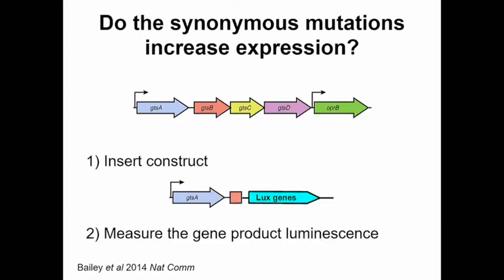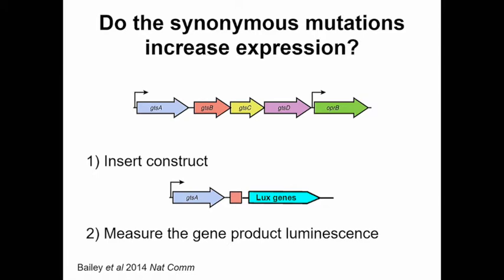Okay, so we wanted to see, well, what's going on? Why do we see these key fitness effects? And our first thought was to think about expression differences. So we tested for differences in expression by inserting a construct. So we have basically just reporter genes that are producing a gene product that we can measure in terms of luminescence.